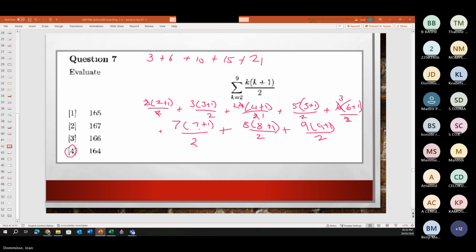56 divided by 2 is 28. 4 times 9 is 36. 9 times 10 is 90, divided by 2 is 45.